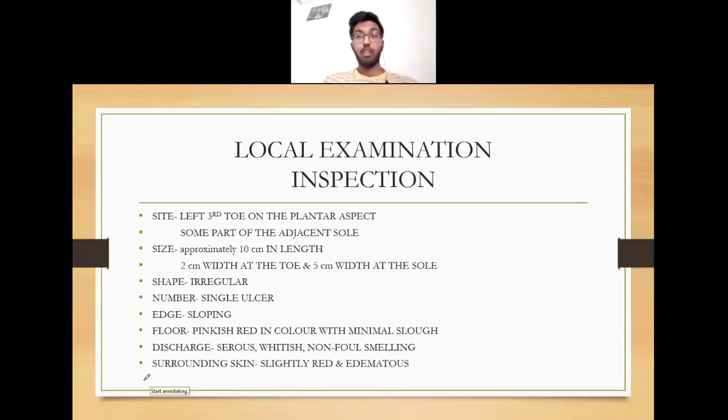I'm jumping some things to save time. Local examination. Coming to the inspection, the site is the left third toe on the plantar aspect and some part of the adjacent sole. So I'll correct now only. It is wrong to tell such things.